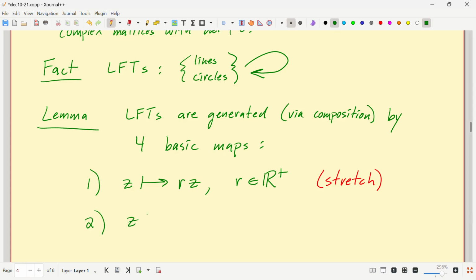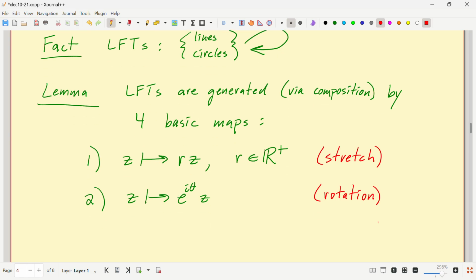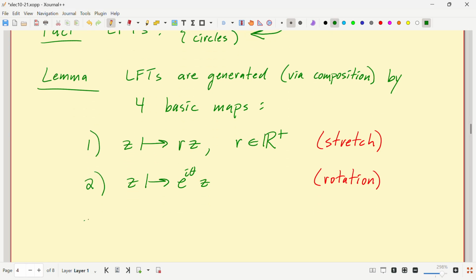Number 2, z gets sent to e to the i theta z. That's a rotation. Simple thing. Number 3, z goes to z plus b, where b is a complex number constant.